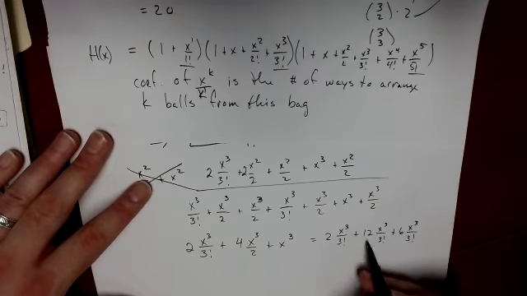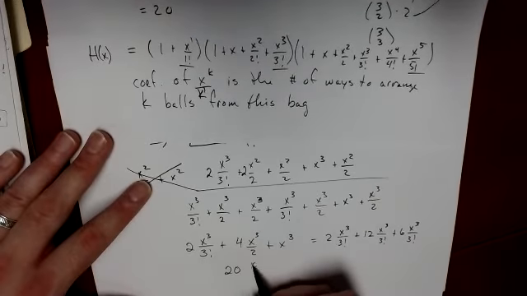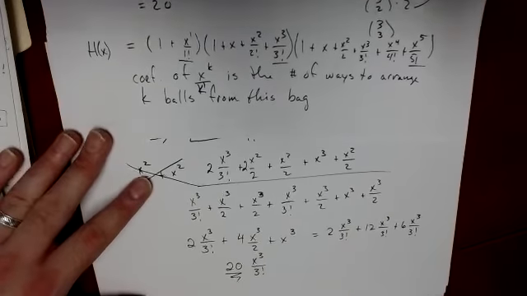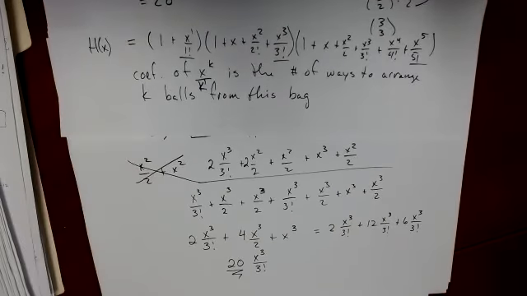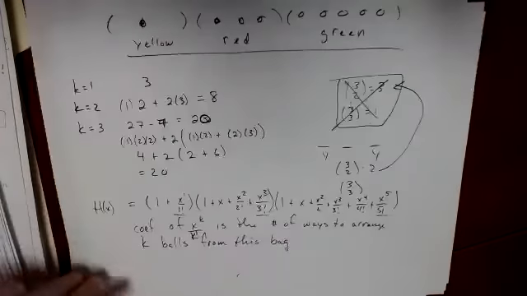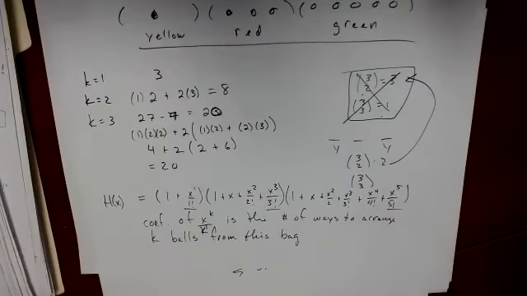And so 2 plus 12 plus 6, that is 20x cubed over 3 factorial, which is the answer we got before. Of course, we did our multiplication by hand, and that's silly. Once you know what your generating function looks like, you should totally be punching that into Wolfram Alpha to get your coefficients and not doing them by hand like we just did.